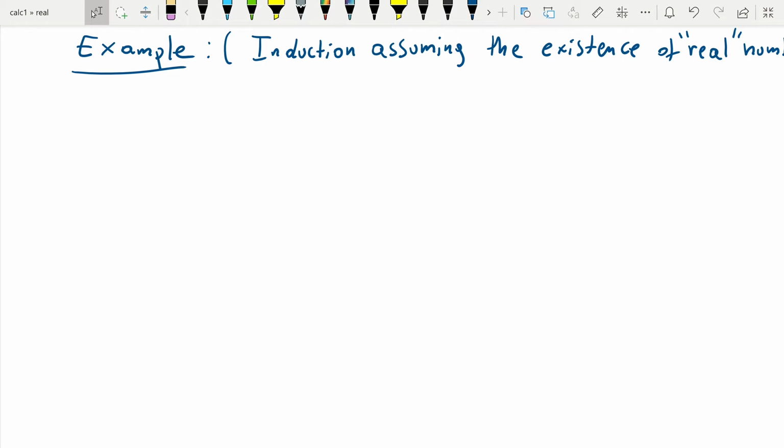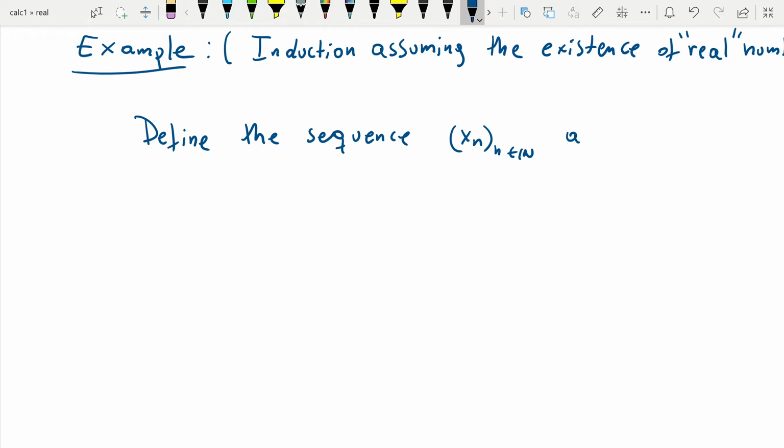So what is the problem? We define the sequence x of n, n in the natural numbers, recursively as follows.